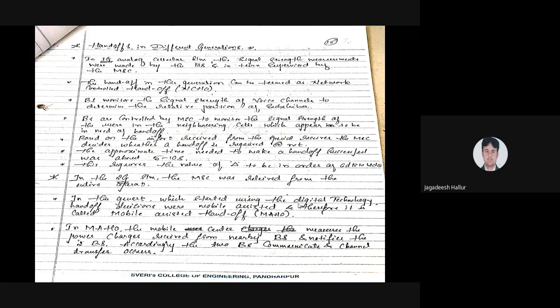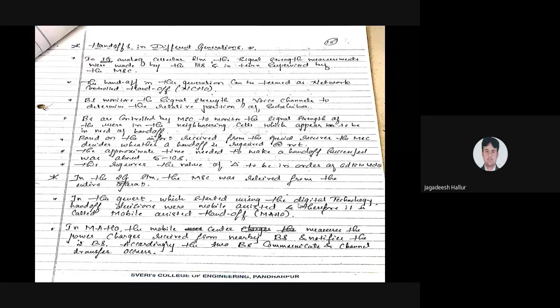For a handoff, it requires a time of 5 to 10 seconds, and the power margin required is 6 dB to 12 dB. The power margin, that is delta, has to be assigned by delta; the power margin has to be 6 dB to 12 dB.